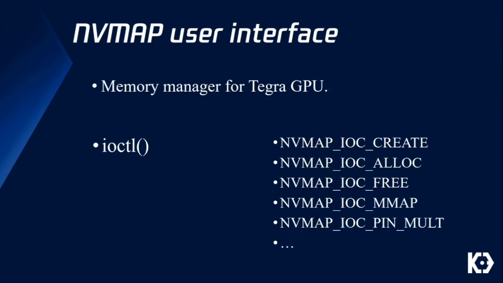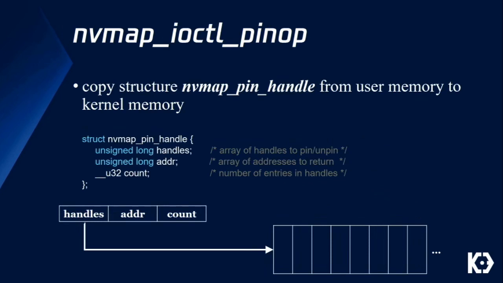nvmap is created by the Linux driver memory manager for the Tegra GPU. A user process can send many IO control commands by calling the ioctl function. When a user process calls ioctl with the command pin, it needs to provide a pointer to the structure nvmap_pin_handle.